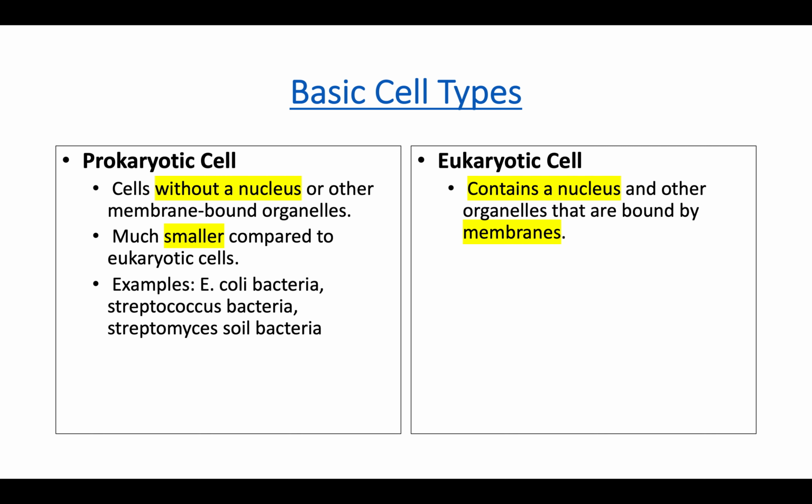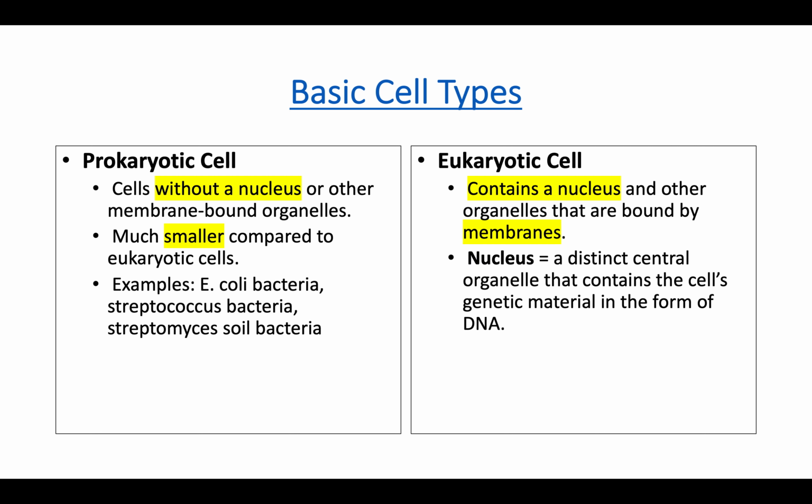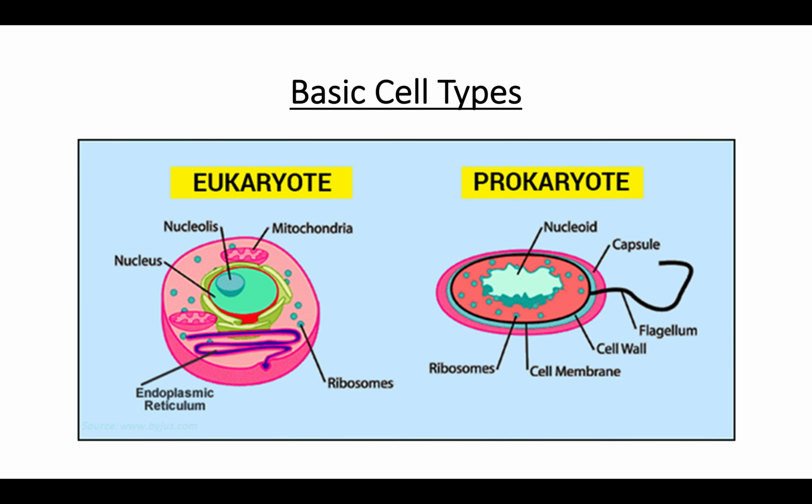Now, eukaryotic cells are cells that contain a nucleus. The big difference between eukaryotic and prokaryotic cells is having a nucleus, as well as membrane-bound organelles. Again, the nucleus is a distinct central organelle that contains the cell's genetic material in the form of DNA. In terms of an image, this is what they would look like.